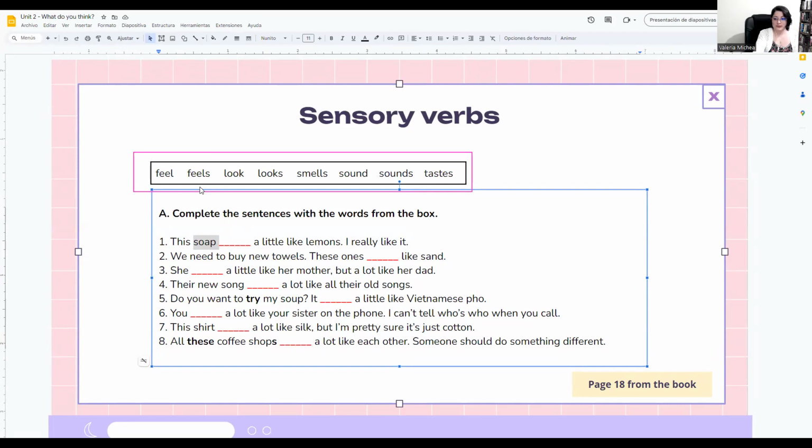Tastes. Yes. Is it taste? I think soap is jabón. Not taste. Look, smells. Huele. Smells. Yes, it smells. It would be very weird if you tasted a soap.